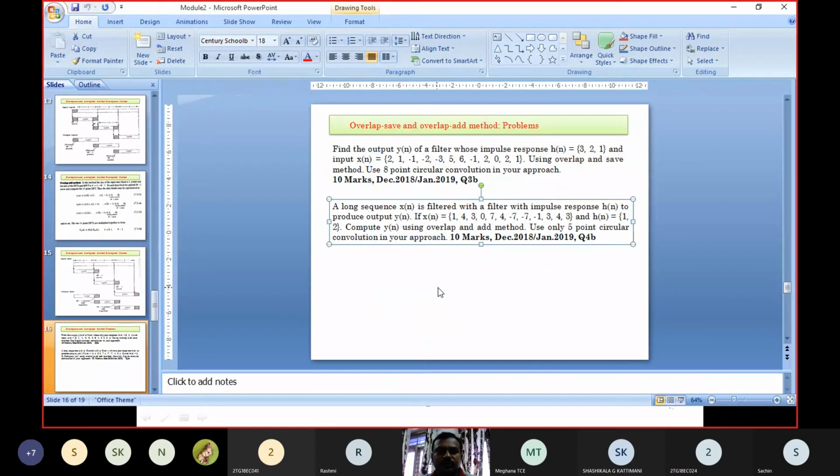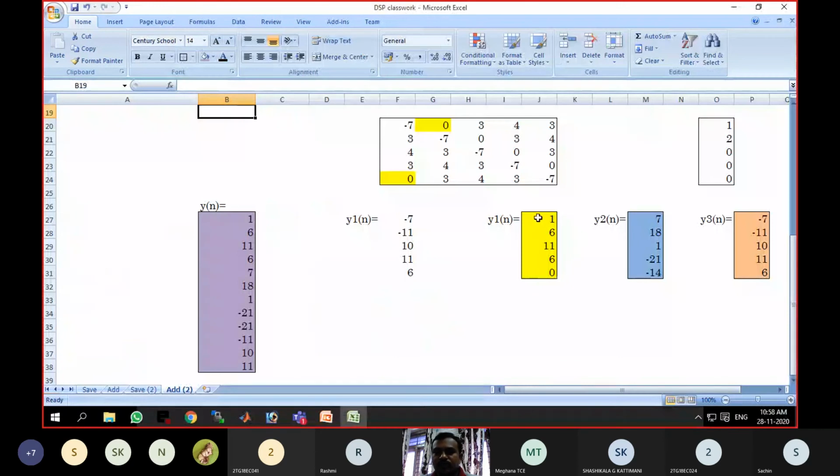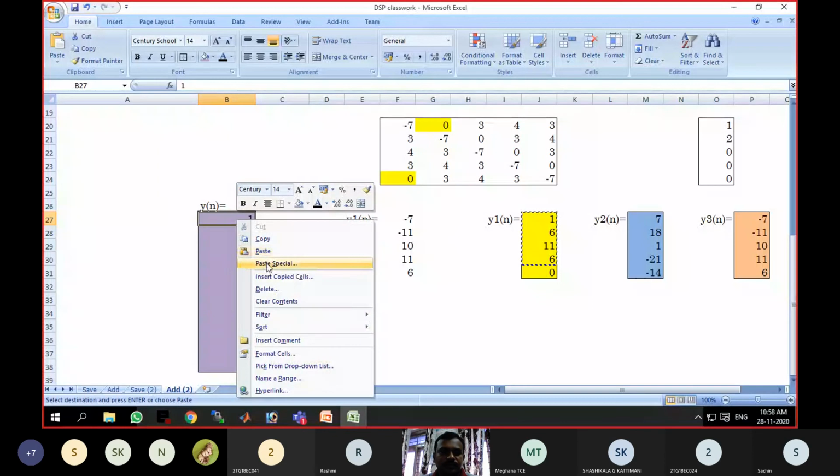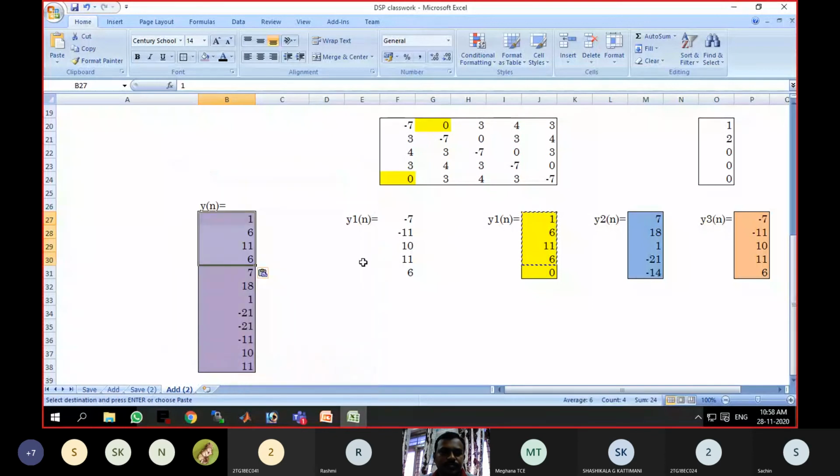So y1, the first 4 elements as it is. Then what we need to perform? We need to perform the addition of the last element with the first element of y2. We get the sum, and the remaining elements will be as it is.